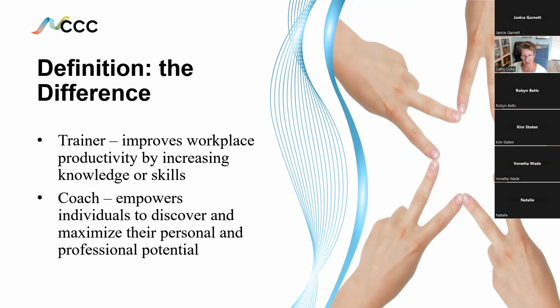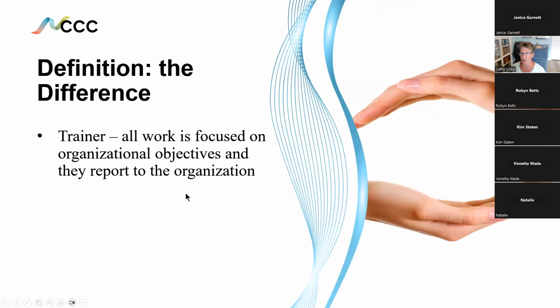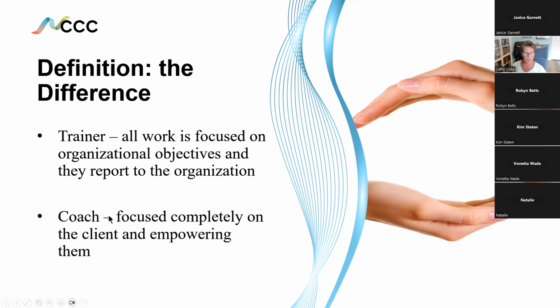So yes, maximizing what they're doing in the workplace, recognizing it also encompasses them on a personal level. In terms of the difference, for the trainer, all the work is focused on organizational objectives, and they report to the organization. For the coach, they are focused completely on the client and on the client being fully empowered.